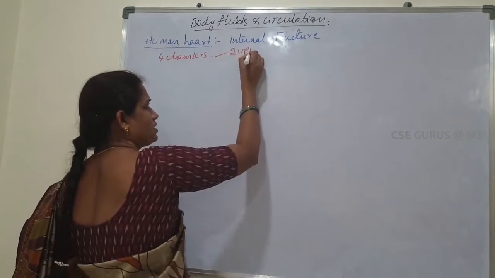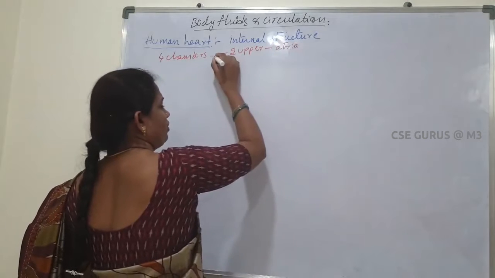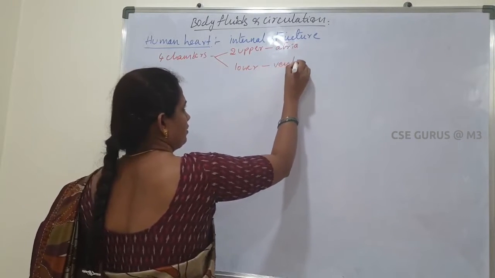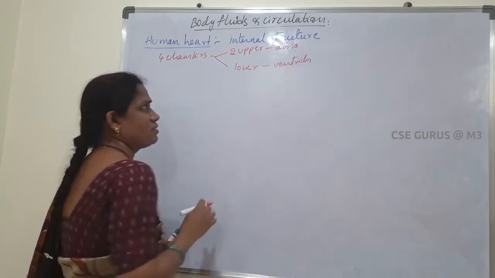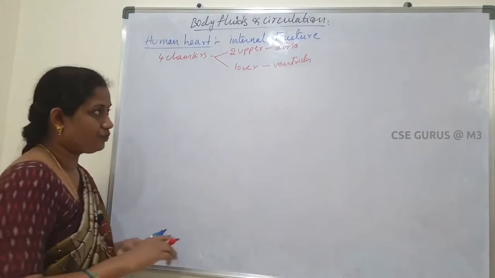Two upper chambers are called atria and the lower chambers are called ventricles.